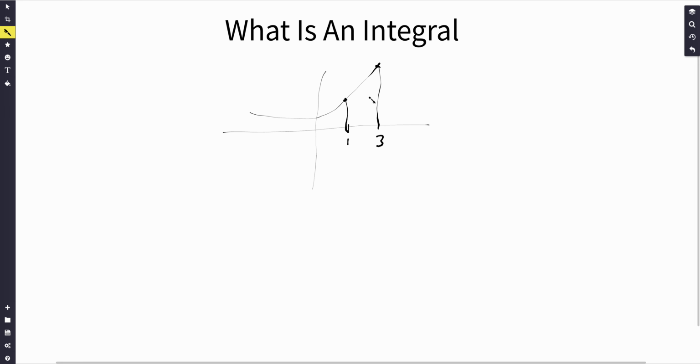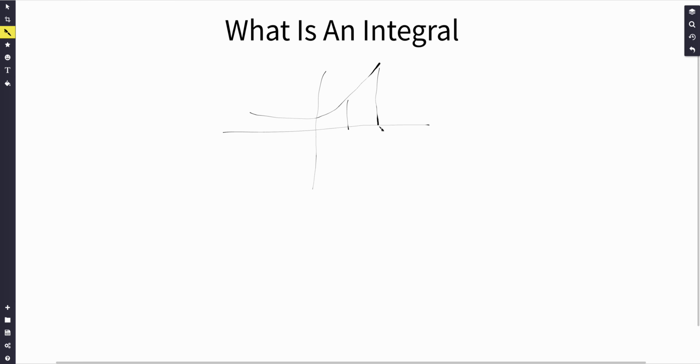Now, usually what people would do is write the integral, which is that sign by the way, and in this case it would be 1 to 3 over whatever function that is. I'll get into that in another video, but what I want to teach you guys here is Riemann sums. So what Riemann sums focuses on is creating rectangles that would create an approximation for what that area would be, because we can't take the area of this graph from here to here.